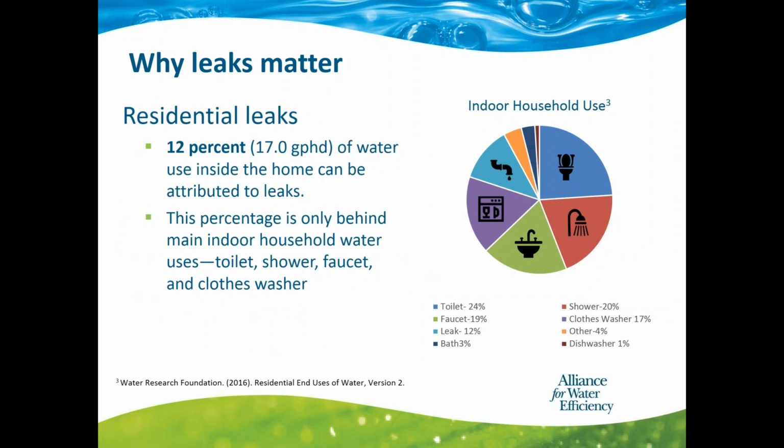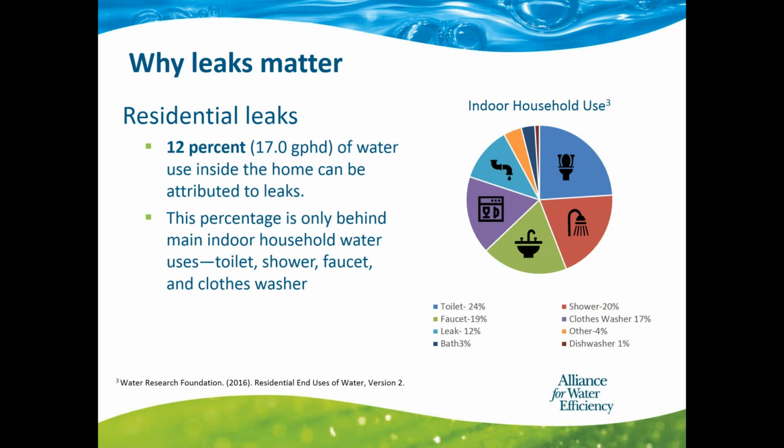But it's not just the utility system, it's the residential household as well. We are finding in the residential end use studies that have been done by the Water Research Foundation over the years that 12% or 17 gallons per household per day of water use inside the home is attributed to leaks. And this percentage is a high percentage.